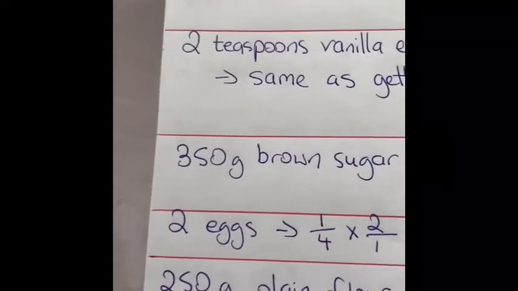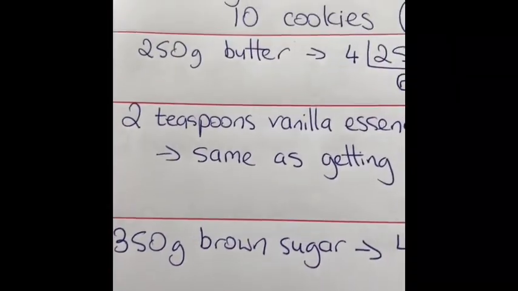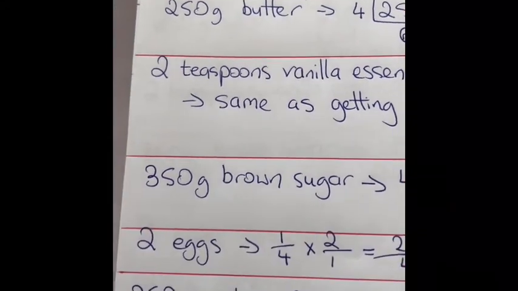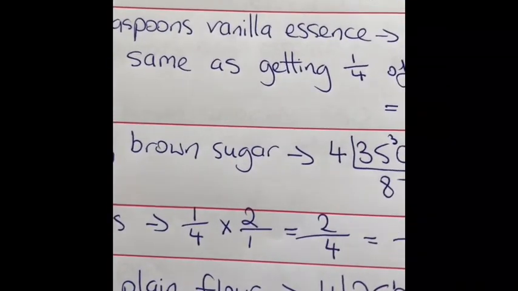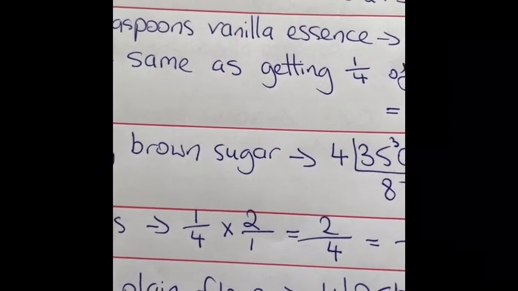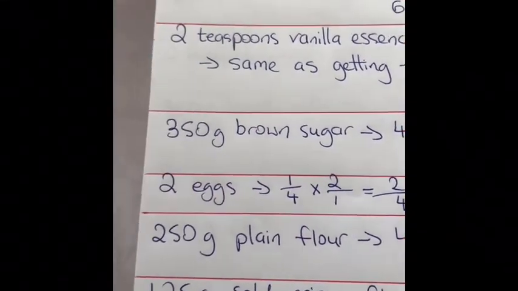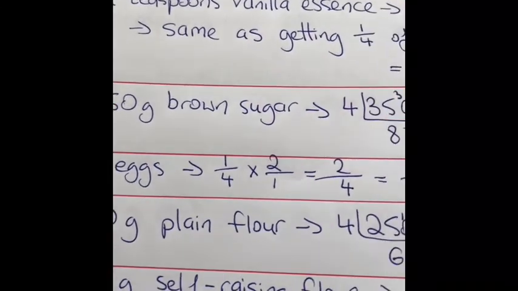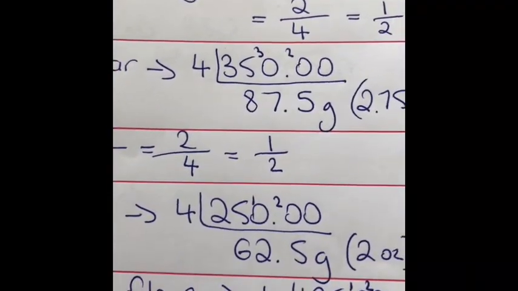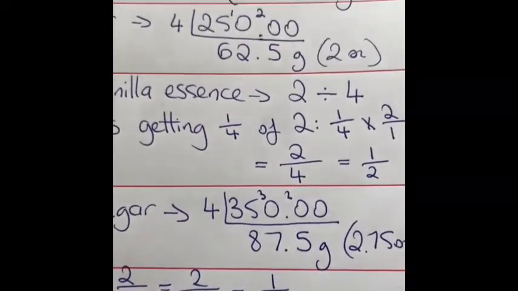All right, 2 eggs. Well, that's going to be the same as the 2 teaspoons of vanilla essence above. So 2 eggs, we get 1/4 of the 2 eggs, which gives us a half. Okay, 250 grams of plain flour. So again, it's 250 divided by 4, which we've done above as well.